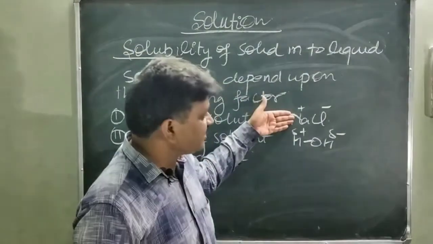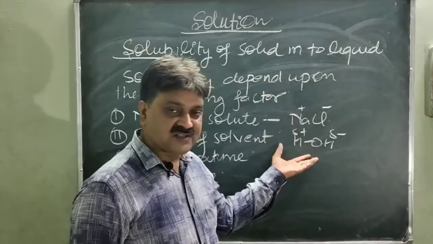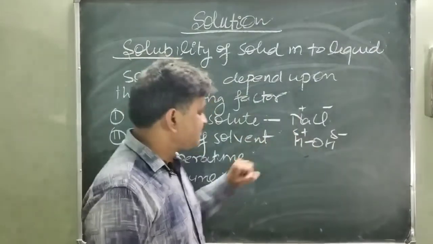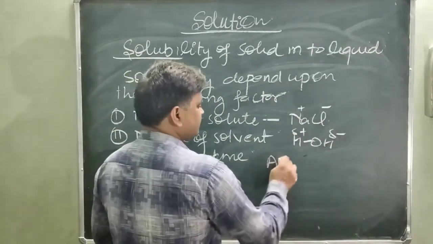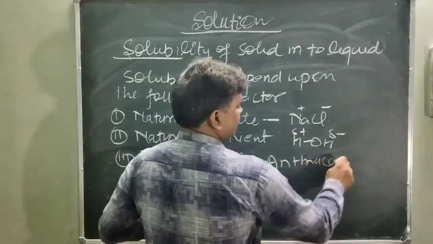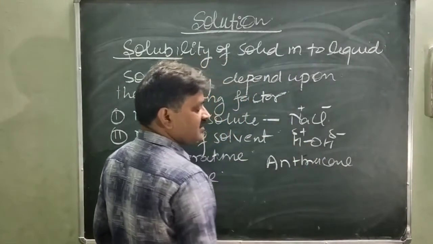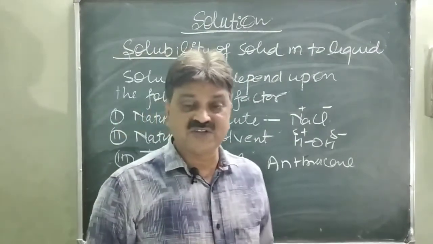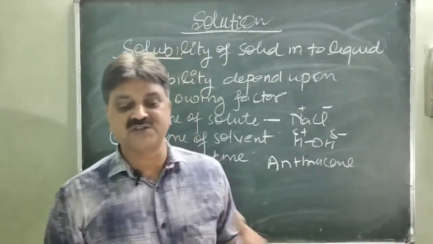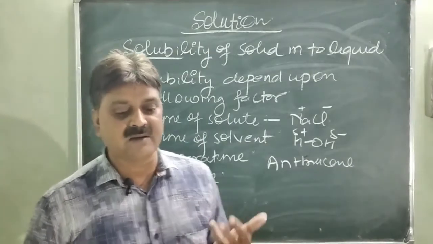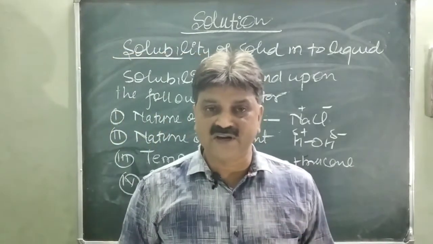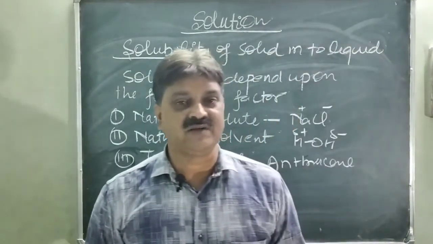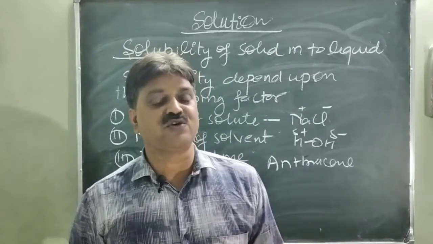Sodium chloride is ionic in nature, water is also ionic in nature, with high dielectric constant, more polar. Whereas anthracene, phenolphthalein, etc. are not soluble in water. Why? Because these, anthracene, naphthalene, phenolphthalein, are organic compounds and non-polar in nature, meaning they are not dissociated into positive and negative ions.